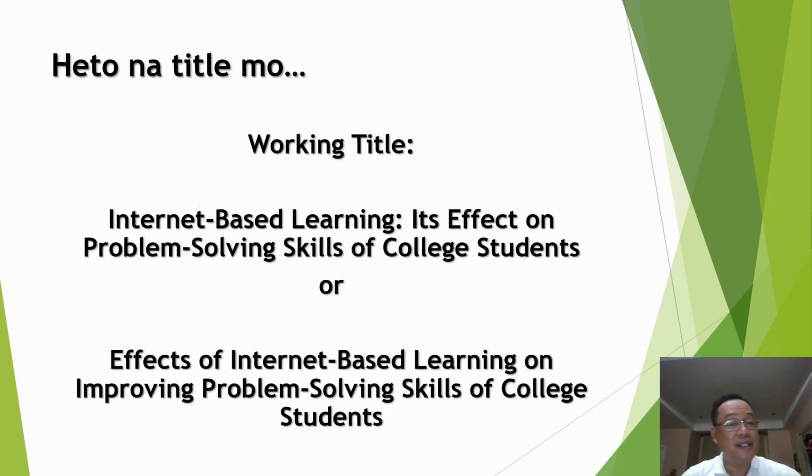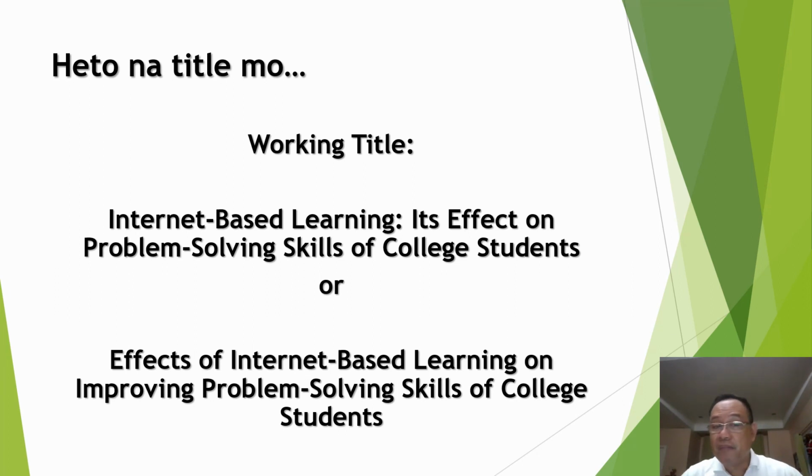Now, this is your research title. I say that it is a working title because this title can still change after you defend your final research paper. So, for example, internet-based learning, its effect on problem-solving skills of college students.